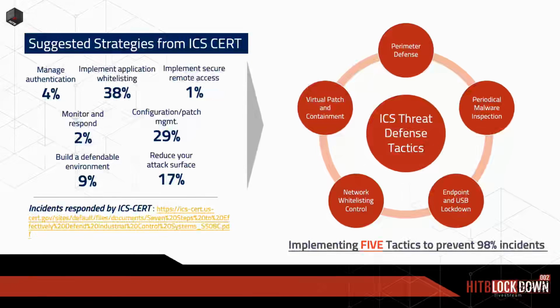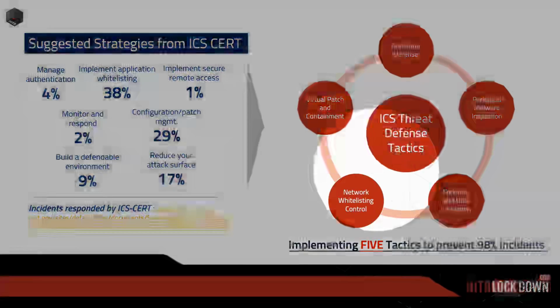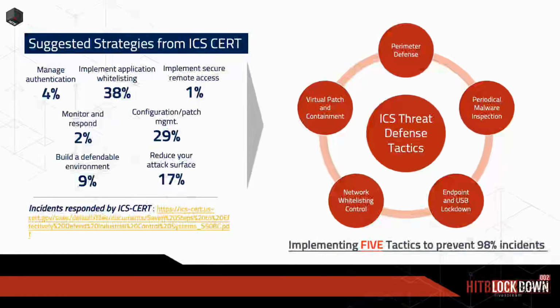These can prevent 98% of ICS incidents. For the remaining 2%, you need to build a SOC, a security operations center, for monitoring and response. Next I will introduce how to implement network whitelisting control, because today we only focus on network whitelisting and virtual patching, which are network-based.